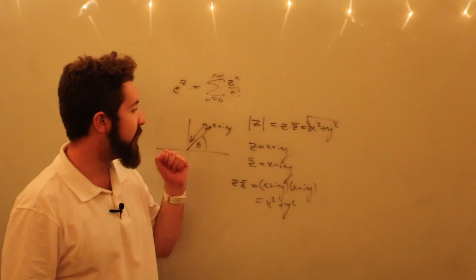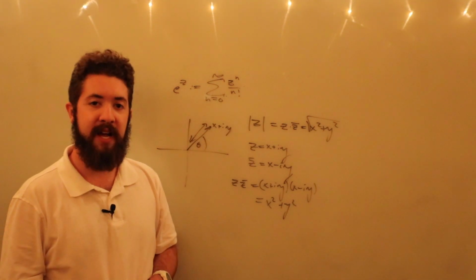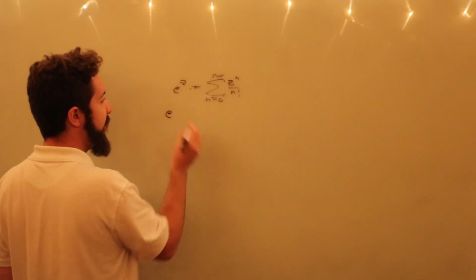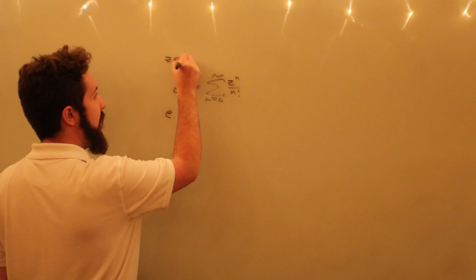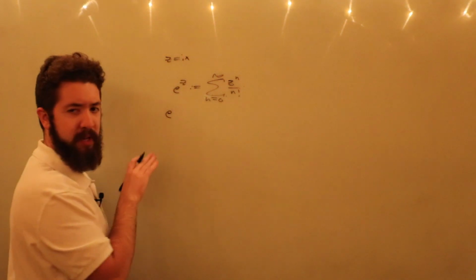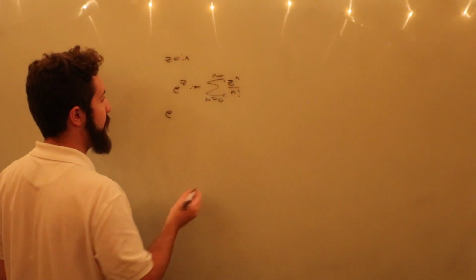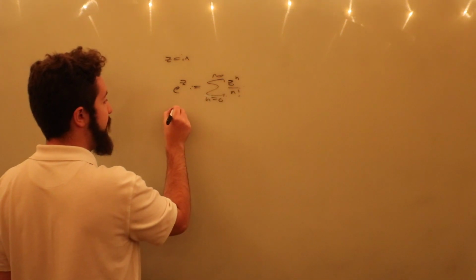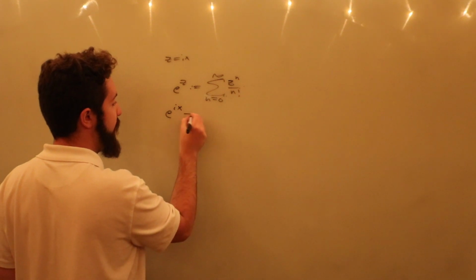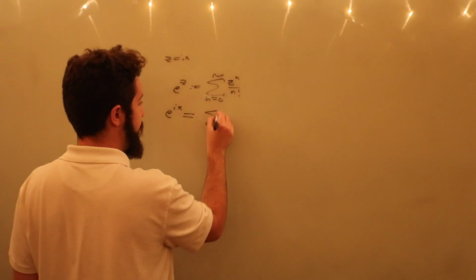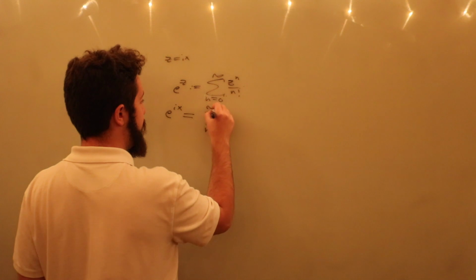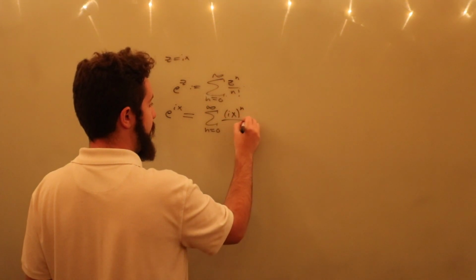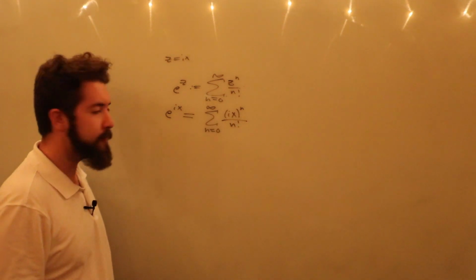Alright, now that we know that it converges and that this function is well defined, let's do a special case. What if we were to plug in z equals ix, where x is a real number, so we're going to plug in a pure imaginary argument? What would we get? Well, by this series definition, e to the ix, which we now know is defined, is going to be equal to the sum from n equals 0 to infinity of (ix) to the n all over n factorial.